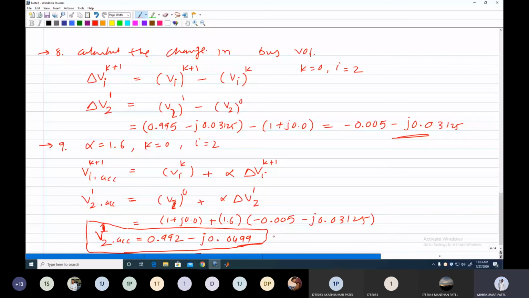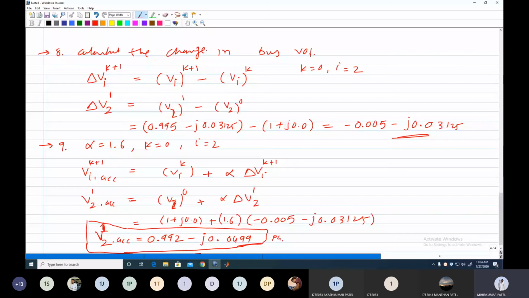In the same way, what is step number 10? Just recall the 11 steps.